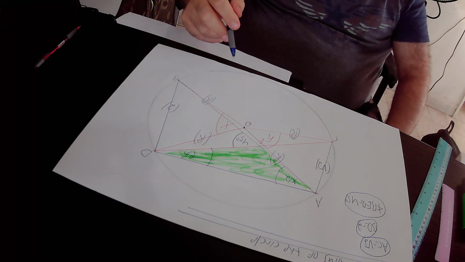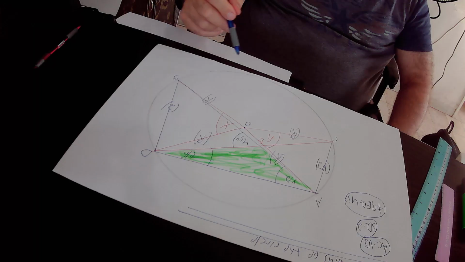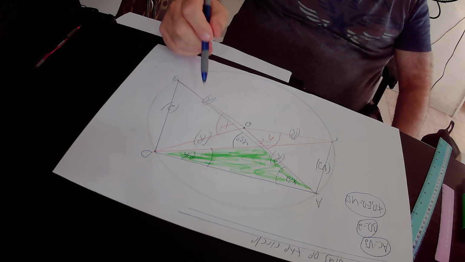So now I'll copy triangle ODB in the new page, and we will implement the law of cosines in this triangle ODB.